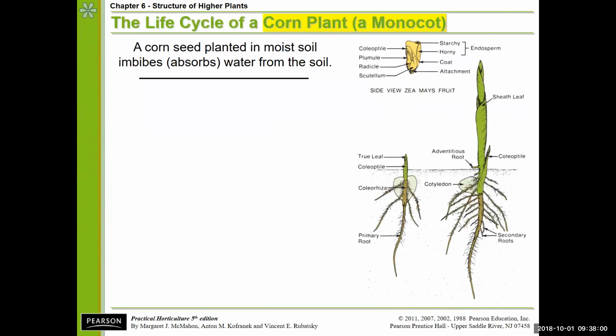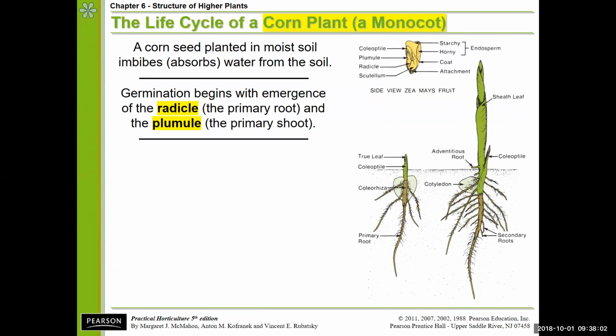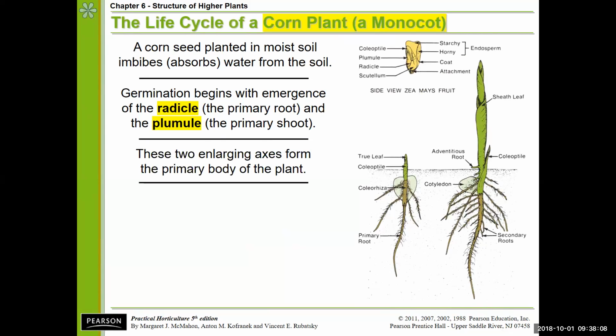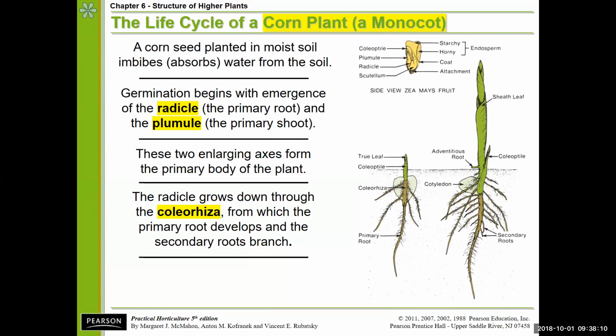Looking at a monocot that everyone's probably familiar with, corn, Zea mays. This is the same idea for both monocots and dicots, but a little bit different in the seed world. So again, say we plant a corn seed. First, it begins to bring moisture into the seed to germinate.